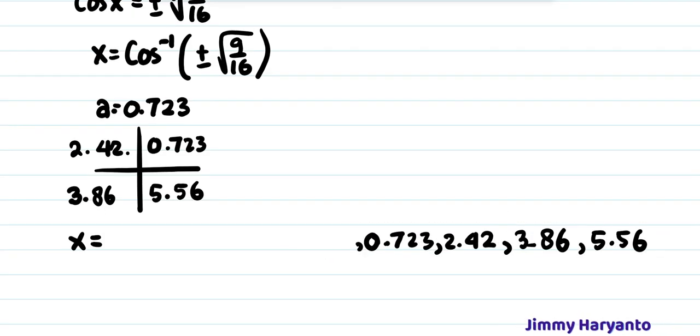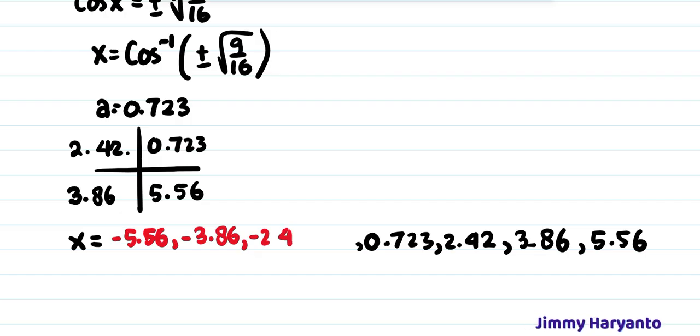Okay, I'll do it one by one. So 0.723 minus 2 pi equals to negative 5.56, 2.42 minus 2 pi equals to negative 3.86, 3.86 minus 2 pi equals to negative 2.42, the last one is 5.56 minus 2 pi equals to negative 0.723, and then we have to take this one.